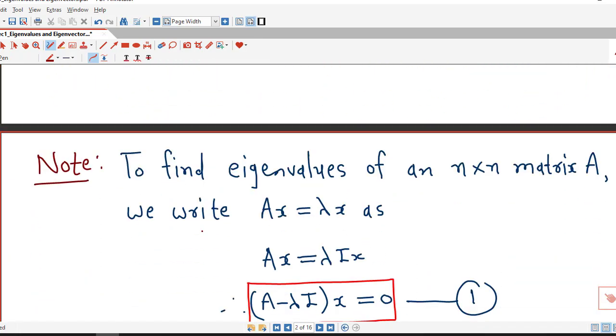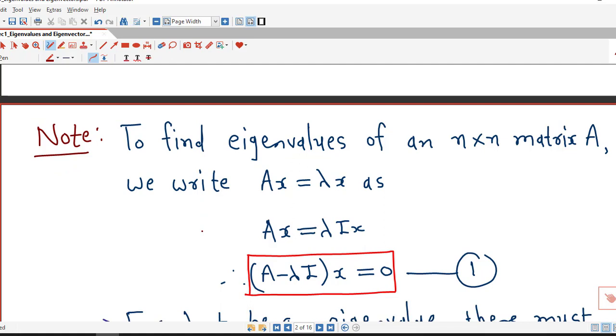So we first understand the different steps of finding eigenvalues and eigenvectors of a square matrix. As we discussed, the vector x is an eigenvector if A into x equals lambda into x for some scalar lambda, and of course we keep in mind that an eigenvector is always a non-zero vector.